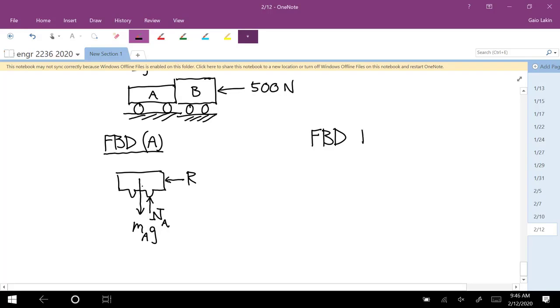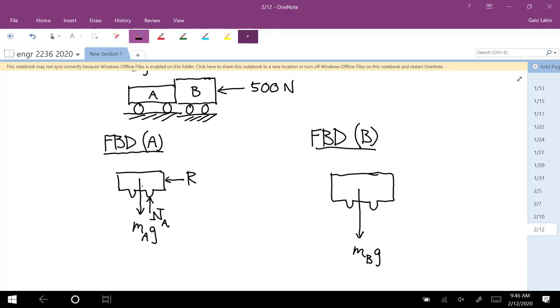And the free body diagram of B. There's a weight force of MB times G. There's a pushing contact from the ground, so that's perpendicular to the surface of contact toward the chosen body. So I'll call that NB.